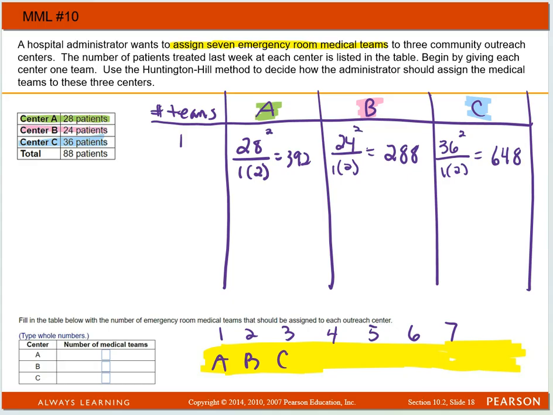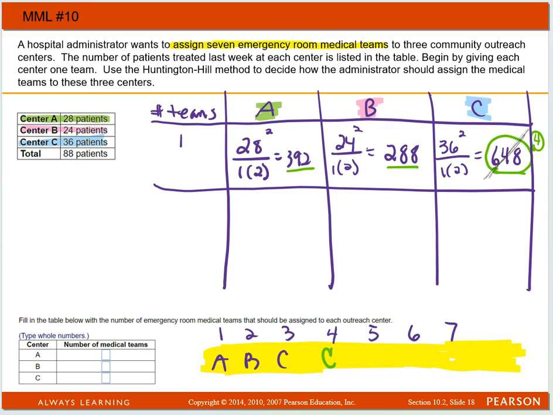All right, so going for the 4th team, I am going to compare these numbers. Of those 3 numbers, 648 is the largest, so that's the 4th team, and it's going to center C. Now, because I have used the number 648, I can't use it again.